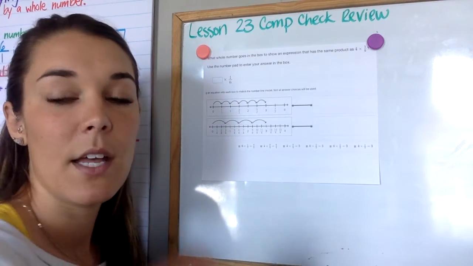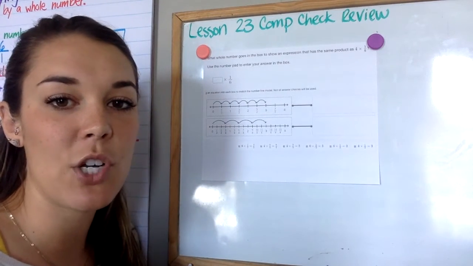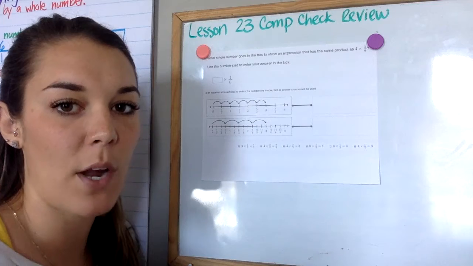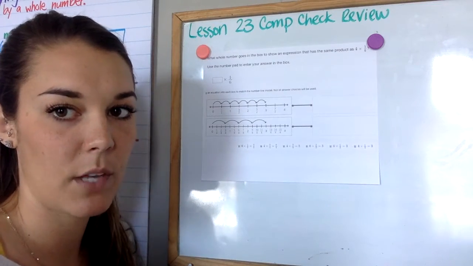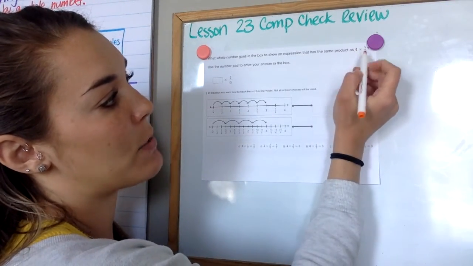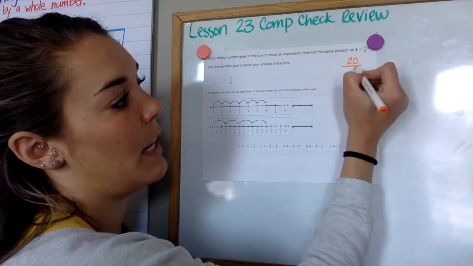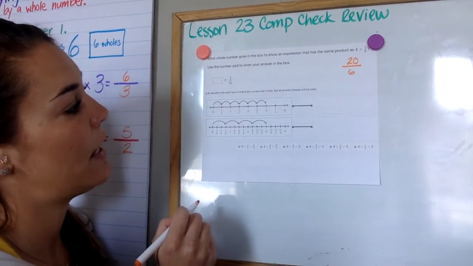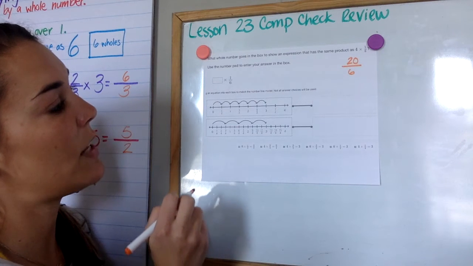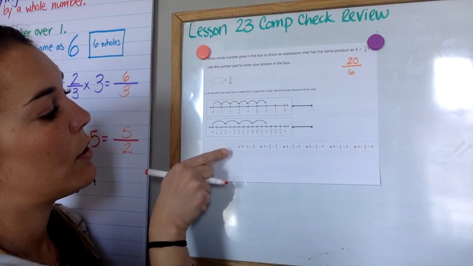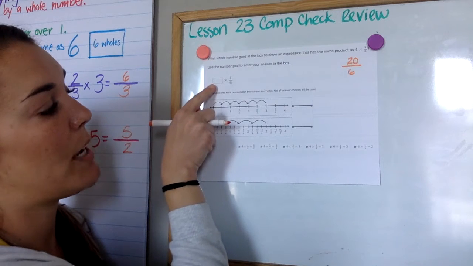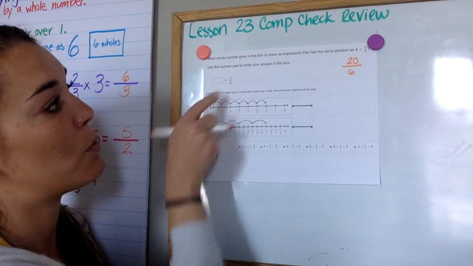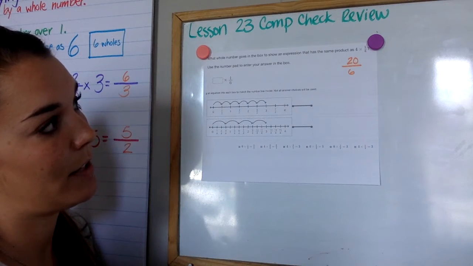Okay, so I like to be really sure of these things, so I'm just going to solve that problem first so I know what I'm looking for. Okay, so 4 times 5 is 20, and I'm going to keep that over 6. So it's asking which of these could be the whole number that's going to be what times 1/6, okay?